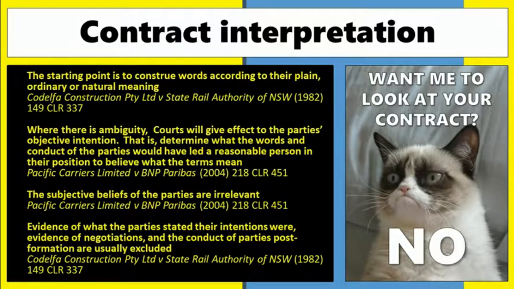Similarly, the conduct of the parties afterwards is excluded in terms of trying to determine the results of this particular rule. And the reason for that is that if parties believe the contract to be a certain way, it's their own subjective understanding of what the terms were, not an objective one.